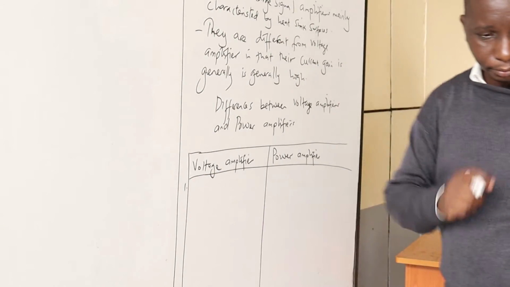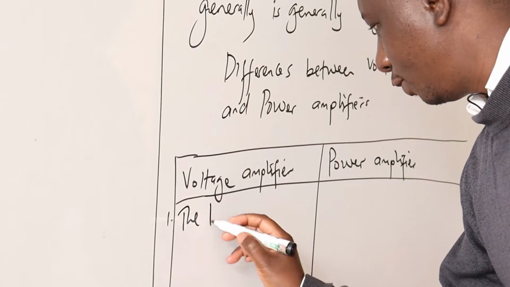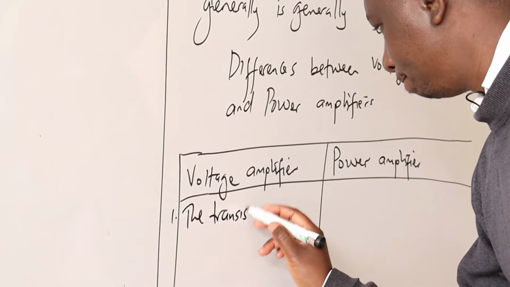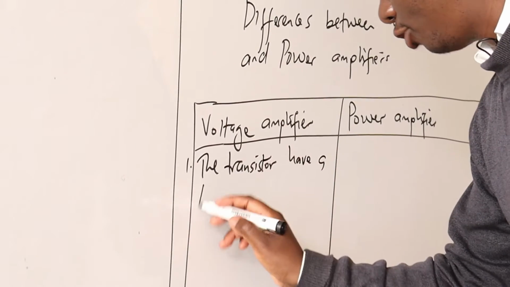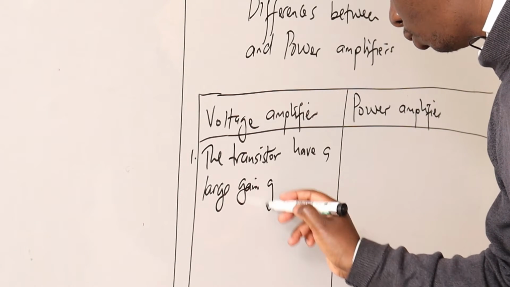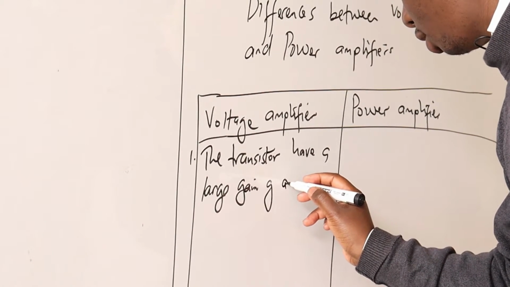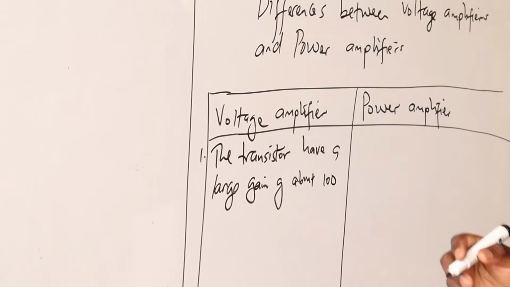Number one, the transistor has a large gain of about 100.